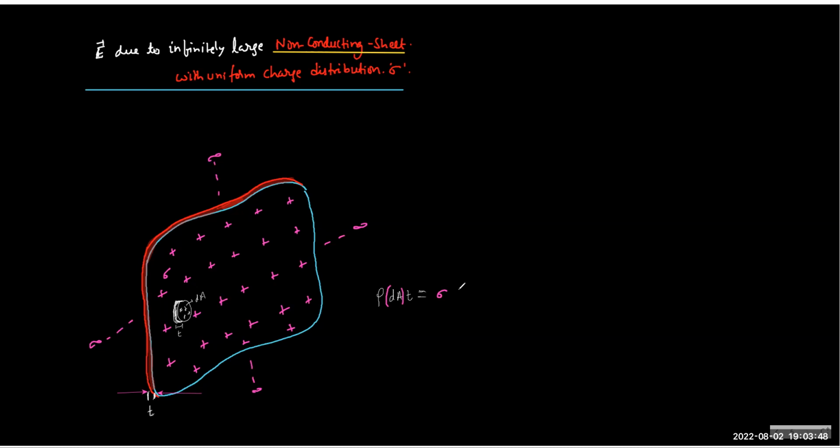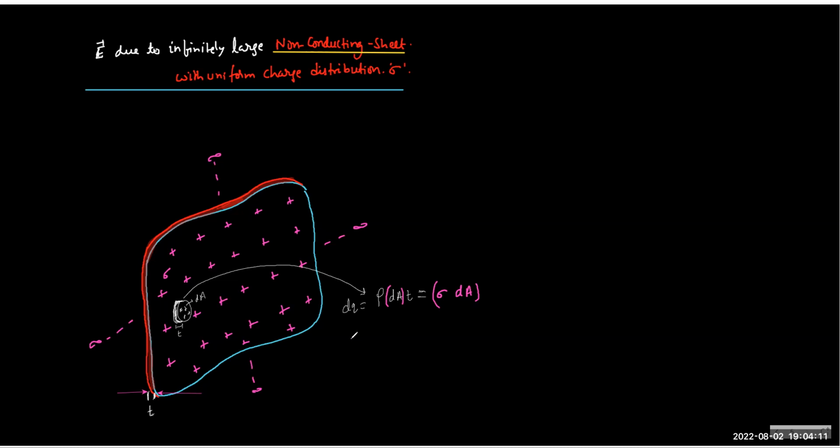So we write sigma dA as my way of writing the same charge. So the charge in this volume can be written in these two forms: either rho dA into thickness or sigma into dA.